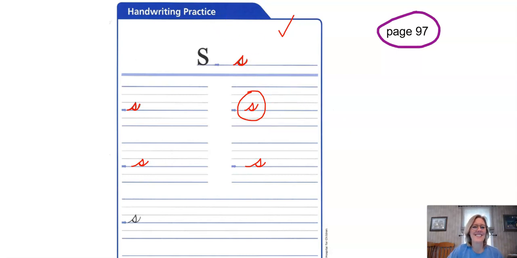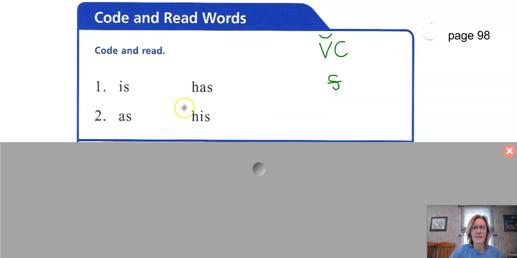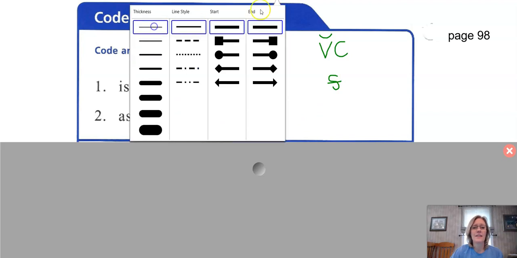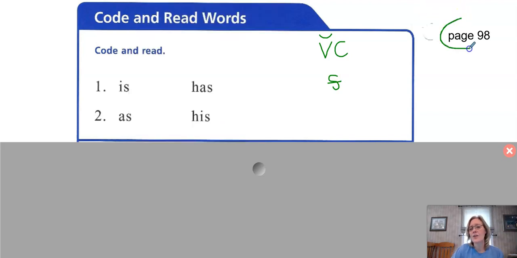All right. Now, next, we're going to go to page 98. So I'm going to grab a different color of pen and turn to page 98. It's right by 97. And we're going to code and read some words.